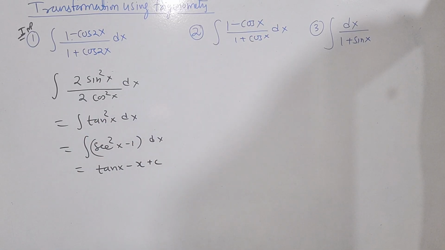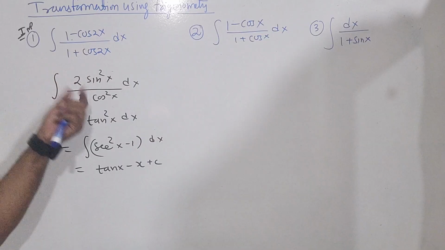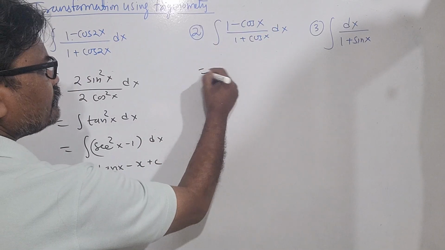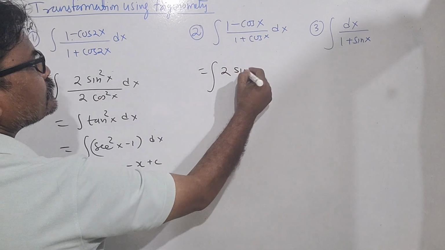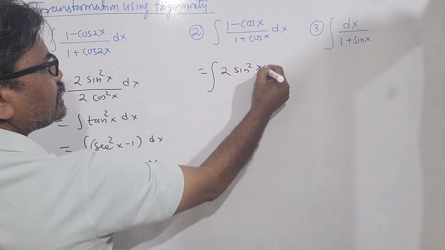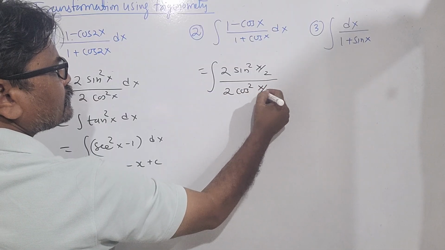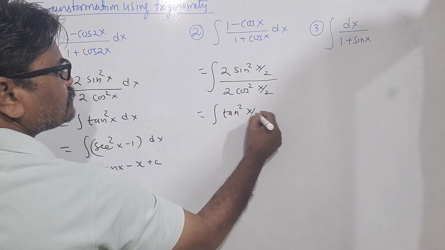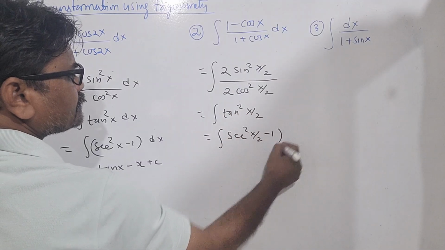That's it. So 1 minus cos 2x is 2 sin square x, and 1 plus cos 2x is 2 cos square x. Same concept we will apply here. 1 minus cos x is now 2 sin square, the angle will be half, x by 2, and this is 2 cos square x by 2. So this is tan square x by 2, and this is sec square x by 2 minus 1.